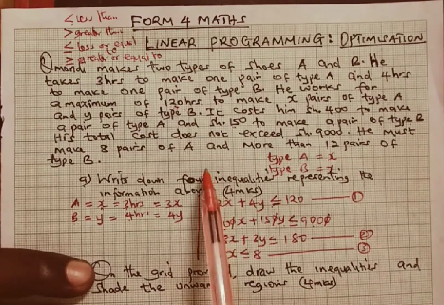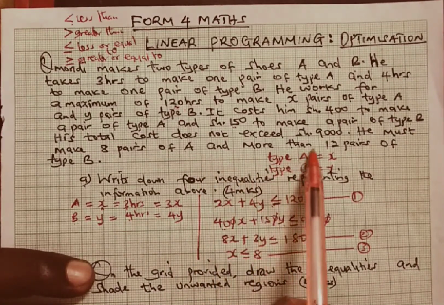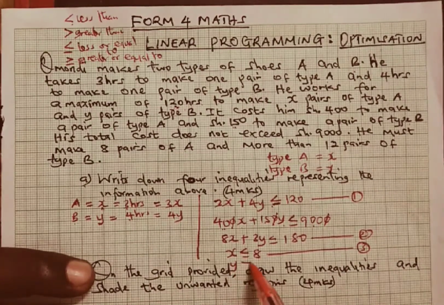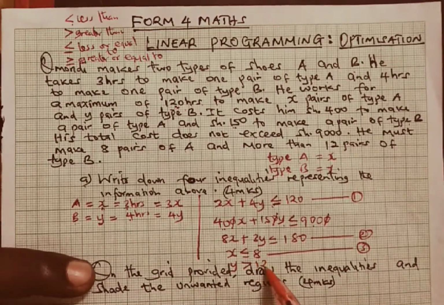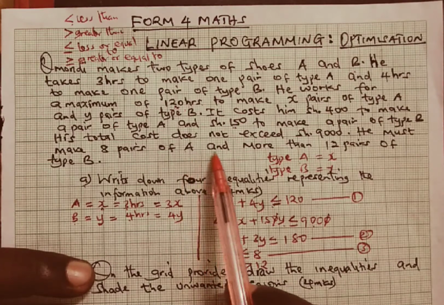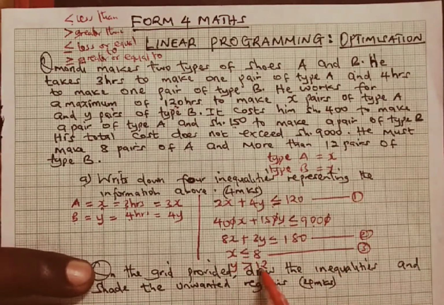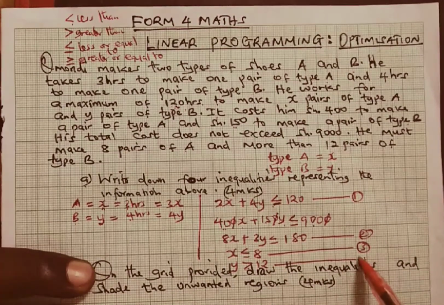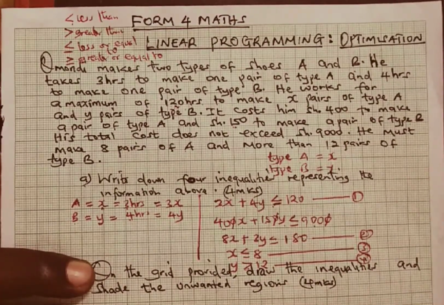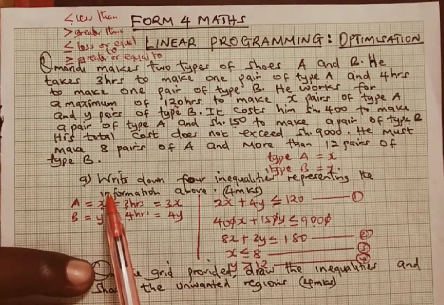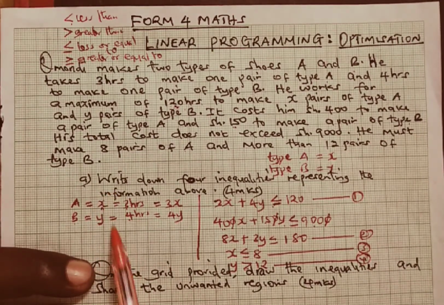And lastly, more than 12 pairs of type B. So we can say Y is greater than 12 because he must make more than 12 pairs, and this is our fourth inequality here. So far we have answered the first part of the question that has 4 marks.